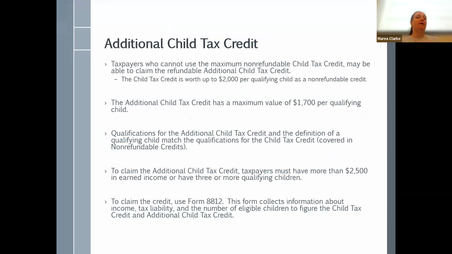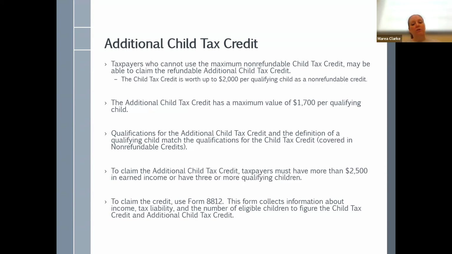So if you claim the child tax credit, but you don't have $2,000 worth of tax that you owe, you may be able to get a portion of that as a refundable credit, which is called the additional child tax credit. $1,700 of that $2,000 is now refundable. The same qualifications apply, except that you must have, again, more than $2,500 of earned income.